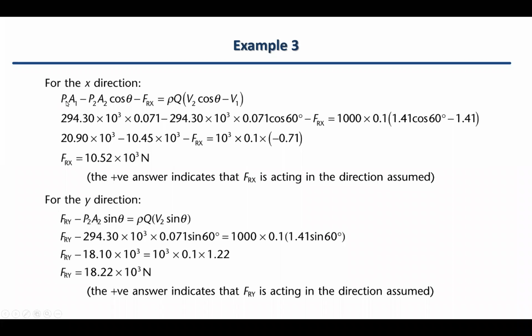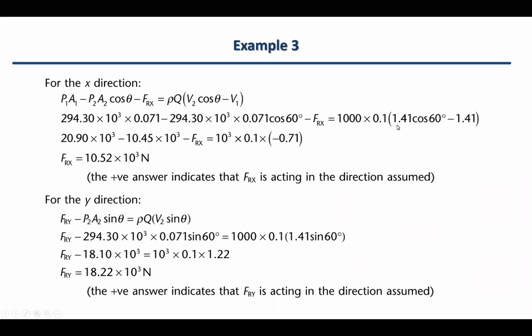Sometimes you can factor P1 and A1 and easily calculate. Inside the bracket will be 1 minus cosine theta. Cosine 60 degrees is a half, and 1 minus half is half. So you multiply half times P1A1. On the right-hand side, 1,000 times the flow discharge 0.1 cubic meters per second.